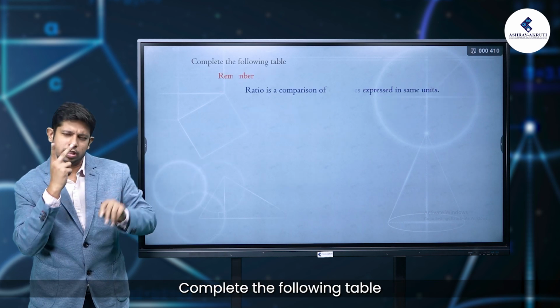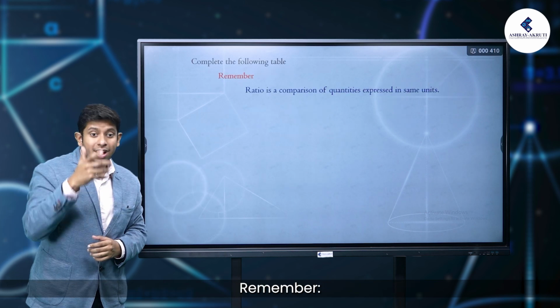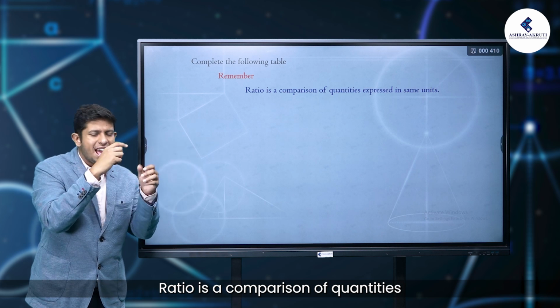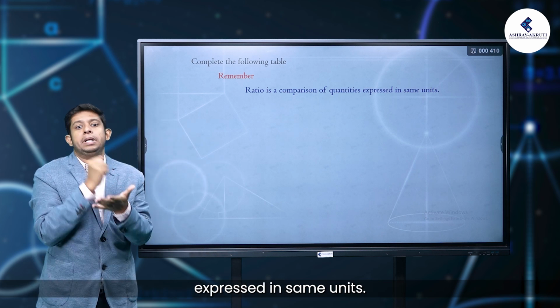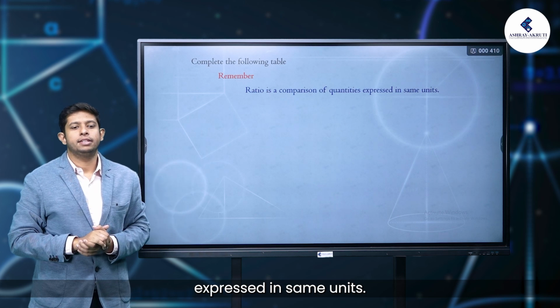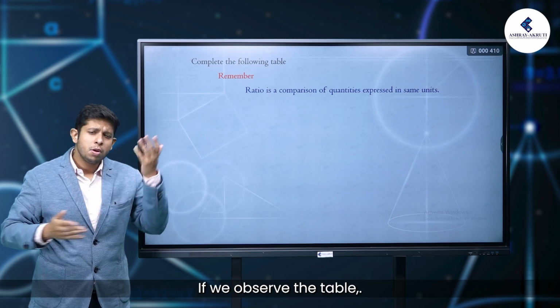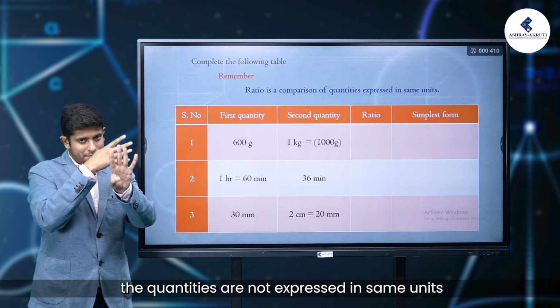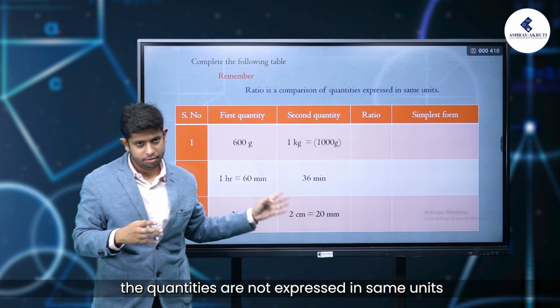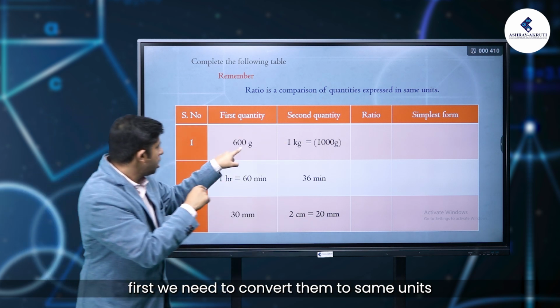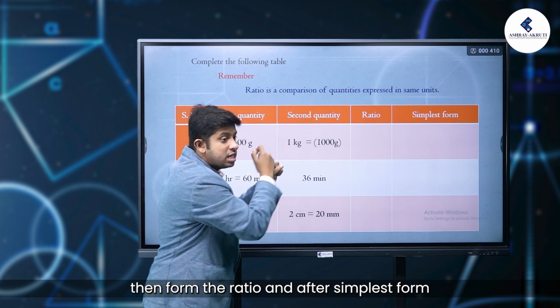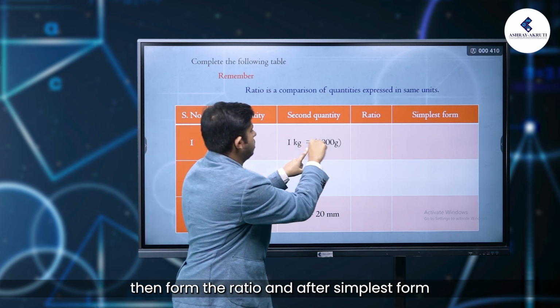Complete the following table. Remember, ratio is a comparison of quantities expressed in the same units. If we observe the table, the quantities are not expressed in the same units. First, we need to convert them to the same units, then form the ratio, and after, the simplest form.